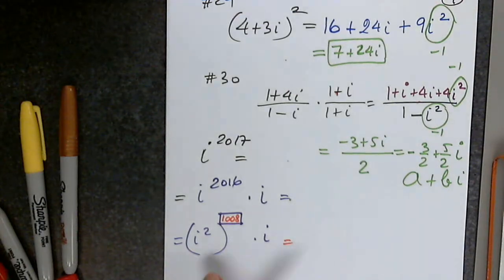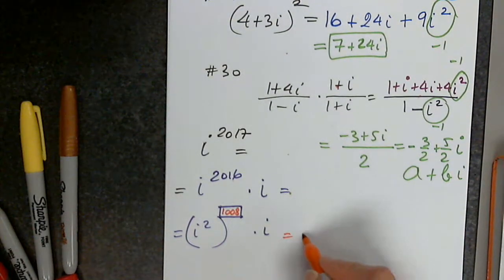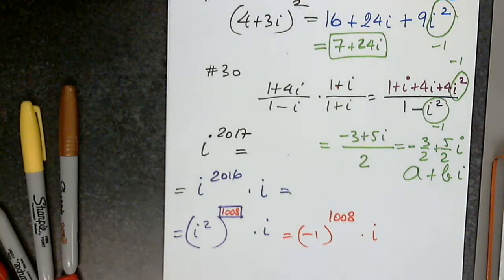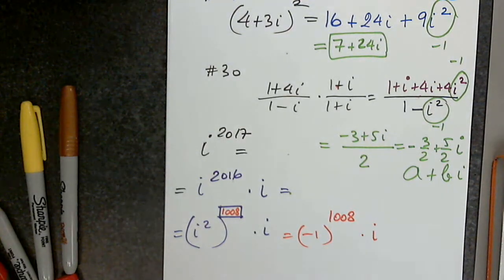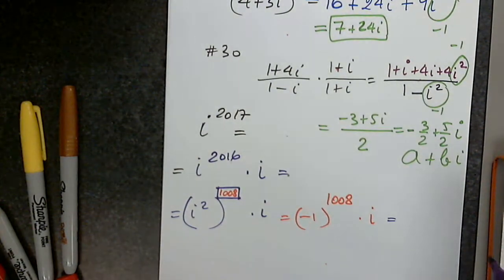1008. Good. What do I replace i squared by? Good. So -1 to 1008 multiplied by i. But -1 raised to an even power will always give us +1. And +1 times i is i.